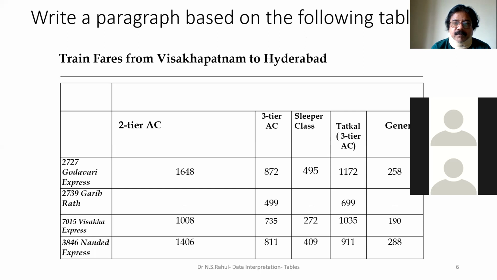Express, two-tier AC, sleeper class, and general are not available. Actually, Garib Rath doesn't have those bogies. Garib Rath has only third AC. The entire train has only third AC.